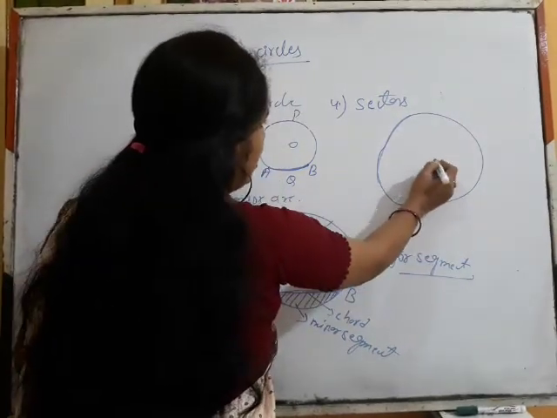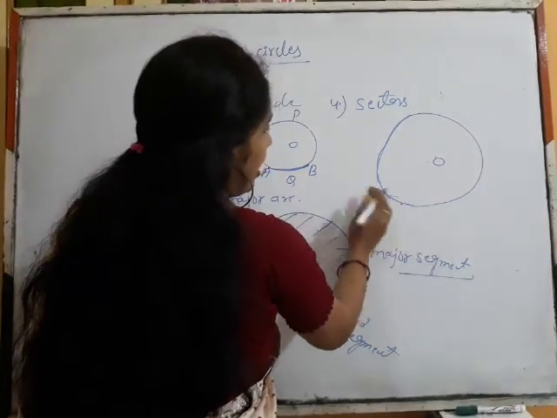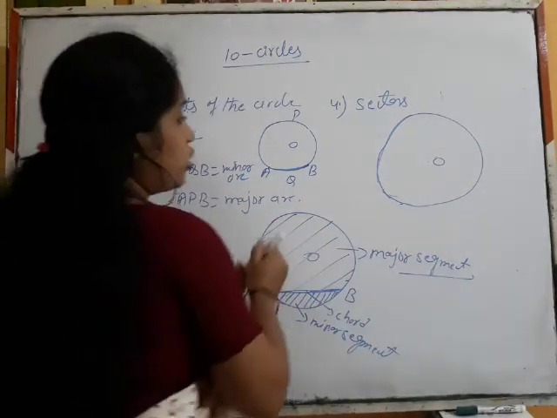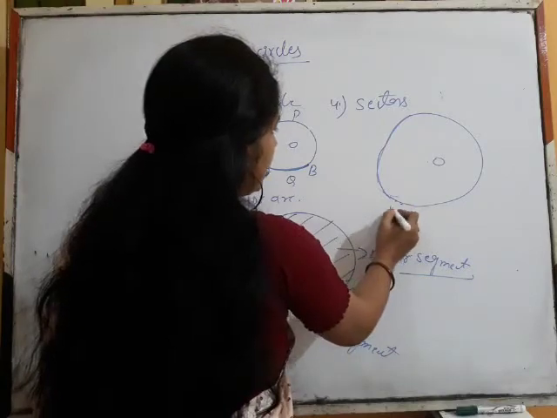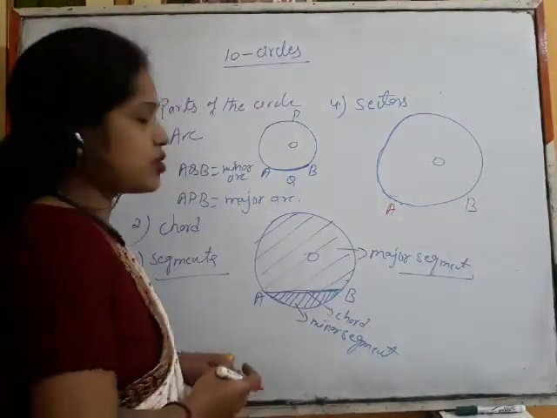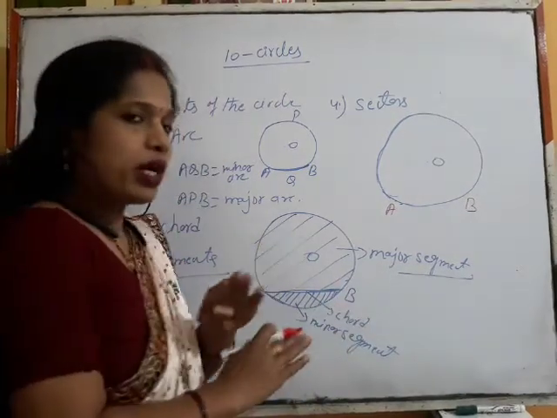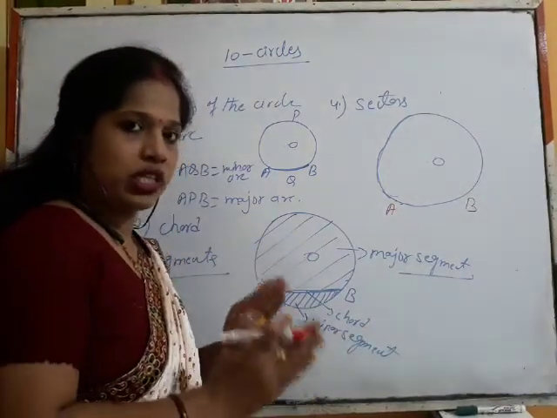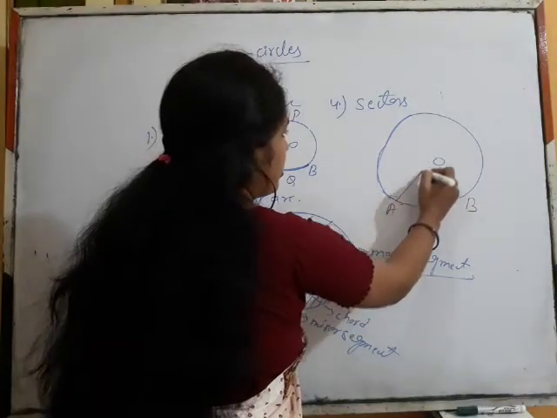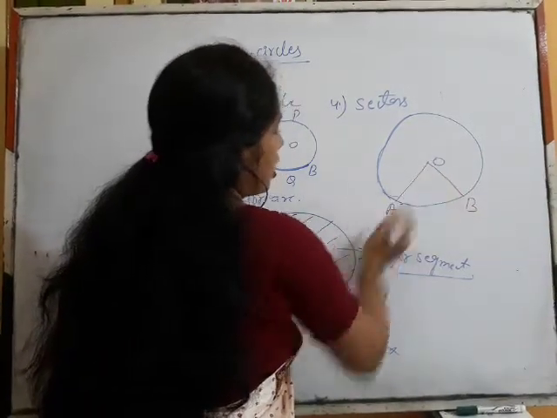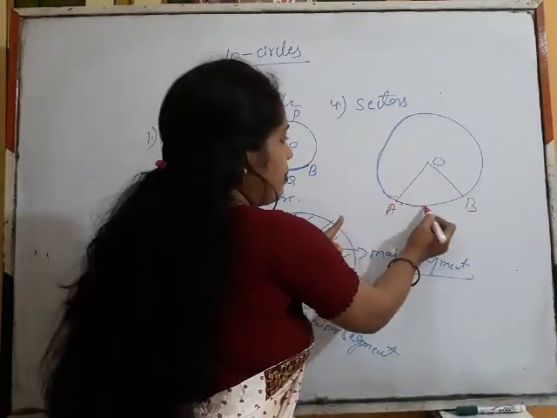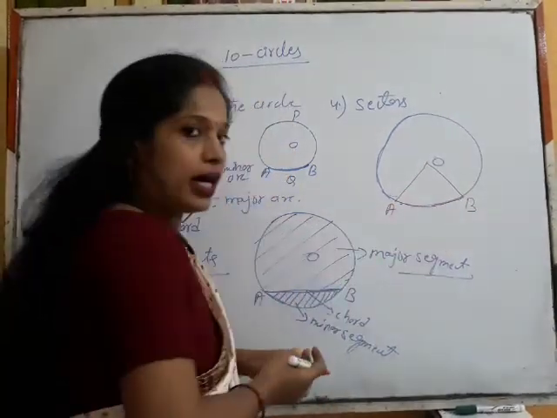This is the circle with center O, and here also we take 2 points on it, point A and point B. Both the points are not joined to each other to give us a chord. Both the points will be joined to the center. So AB is still an arc.